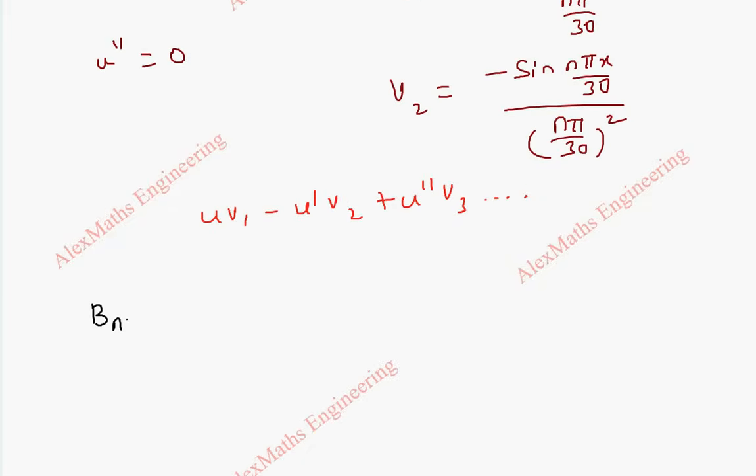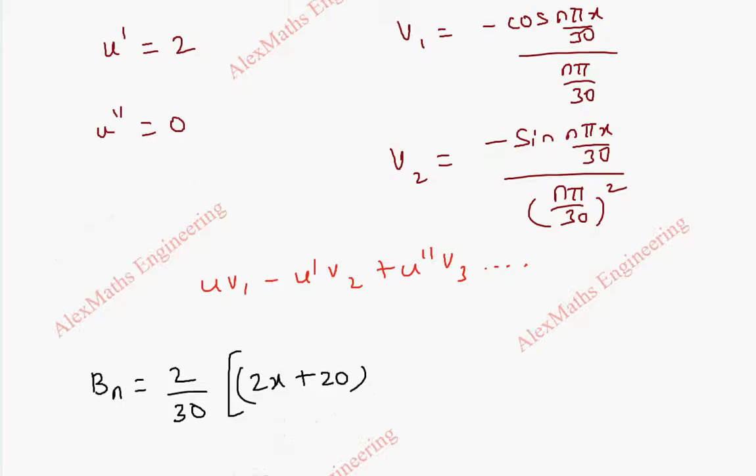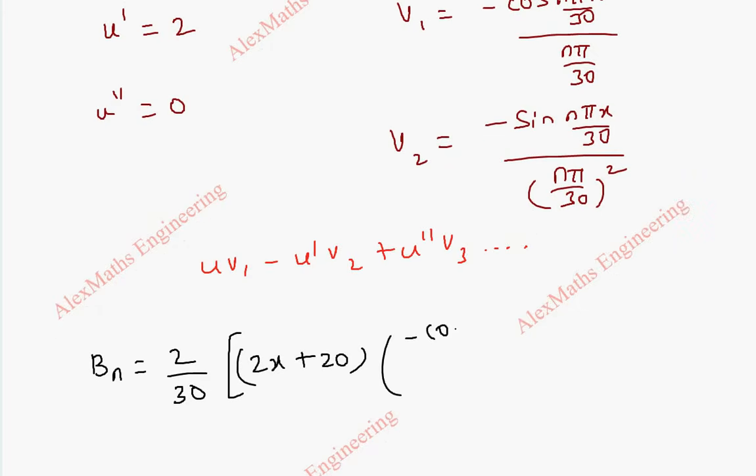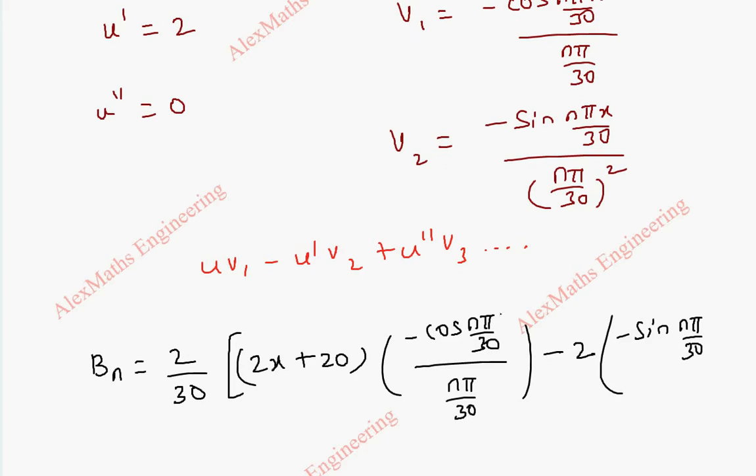So bn equal to 2 by 30, then u which is 2x plus 20 into v1 which is minus cos n pi x by 30 by n pi by 30, then minus u dash which is 2 and v2 is minus sin n pi x by 30 by n pi by 30 whole square, and we have our limit from 0 to 30.